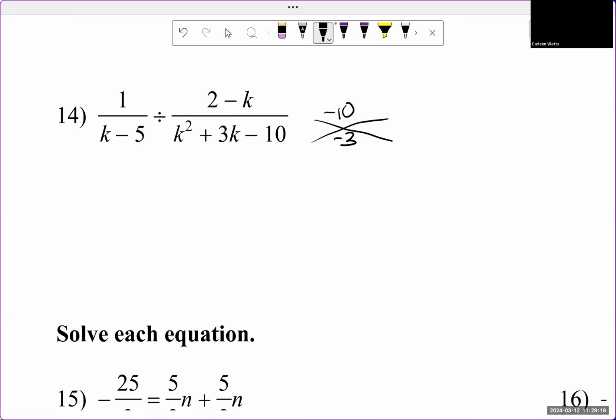What are two numbers that multiply to get -10 and add to get +3? So +5 and -2. Okay, k plus 5 and k minus 2. Yeah, you with me?